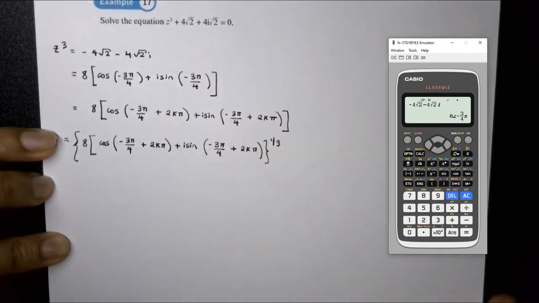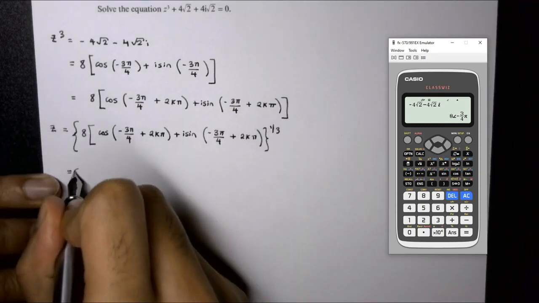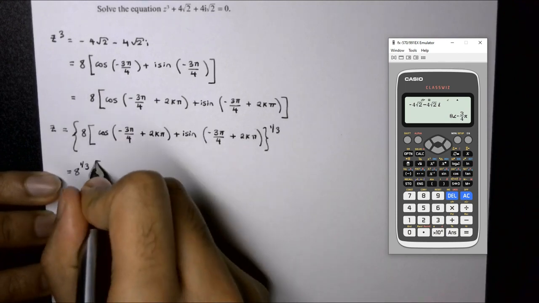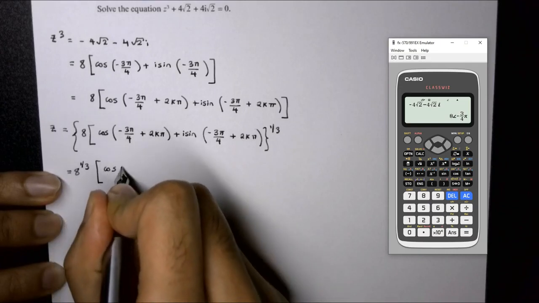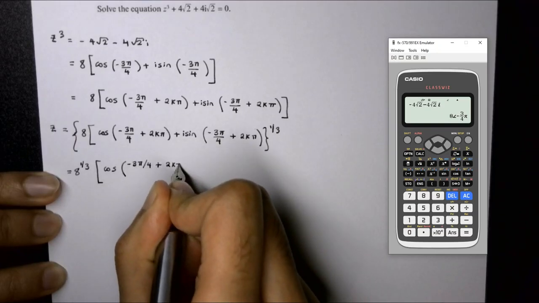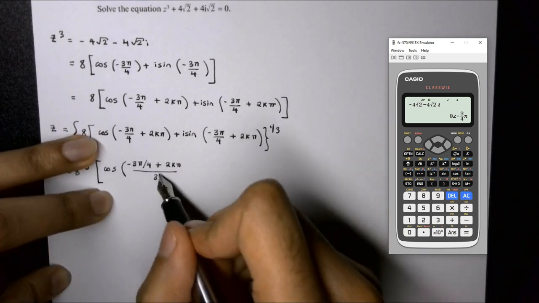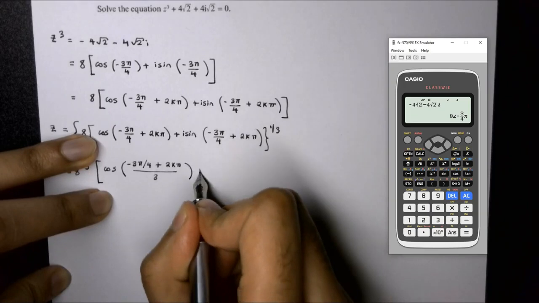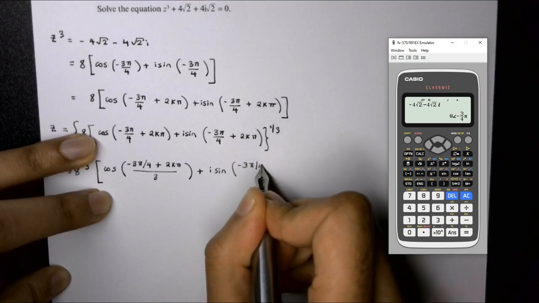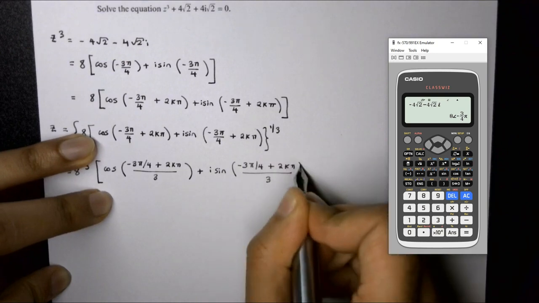And now if we use De Moivre's theorem, we have 8 to the power of 1/3. And then here we have the cosine of -3 pi over 4 plus 2k pi over 3. And notice multiplying by 1/3 is the same as dividing by 3. And then we add on i times the sine of -3 pi over 4 plus 2k pi over 3.